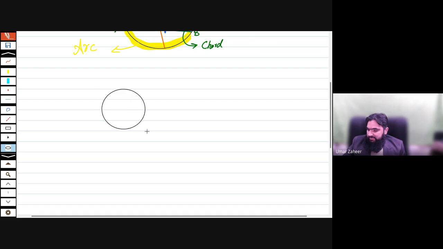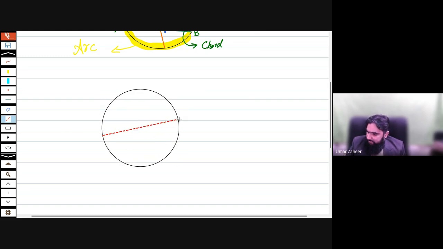Let's say we take another circle. A line that starts from here and passes through the center is known as diameter. We know that when we draw a diameter, it always divides a circle into two equal parts.